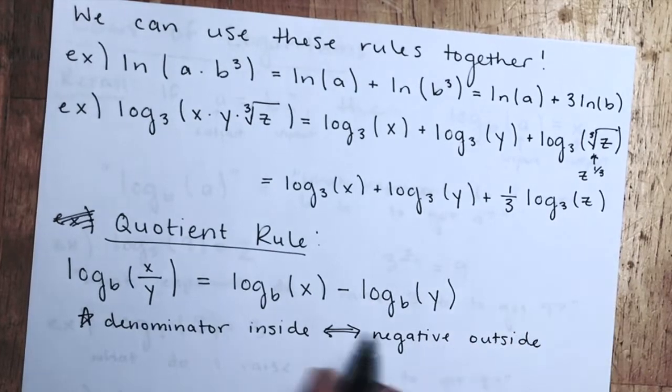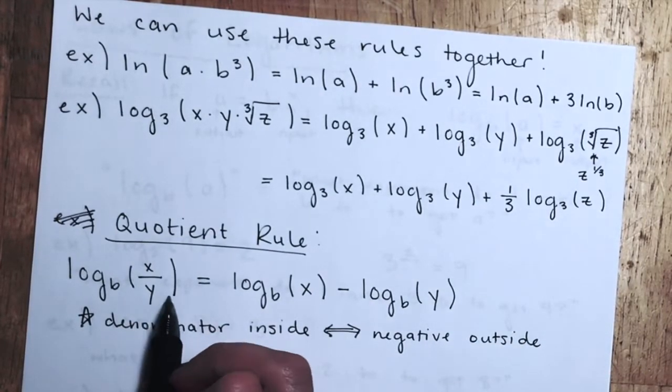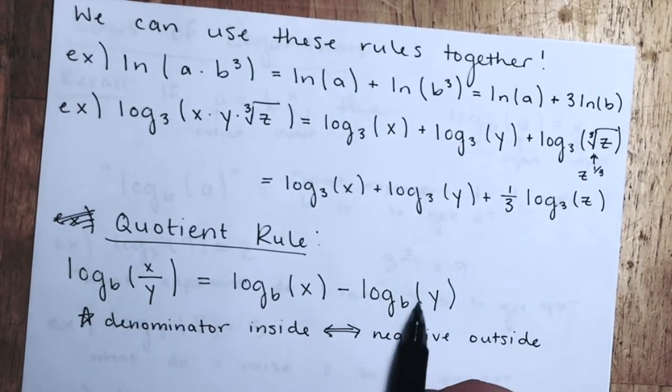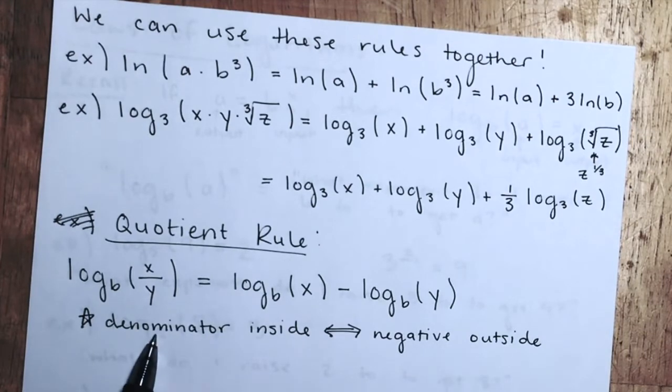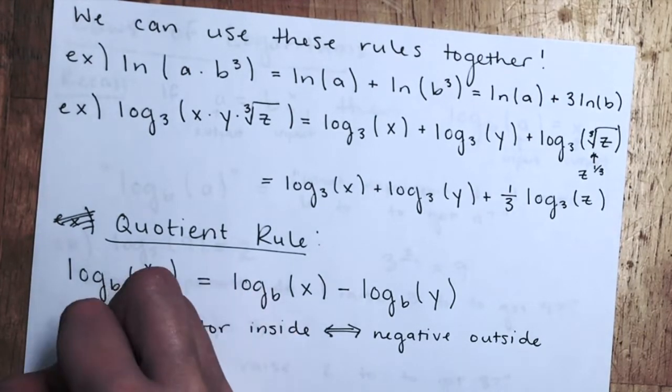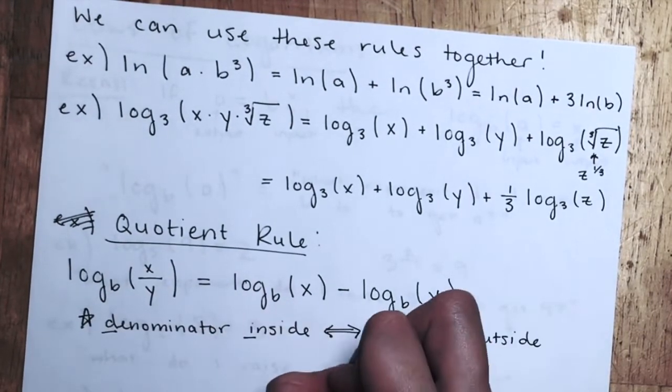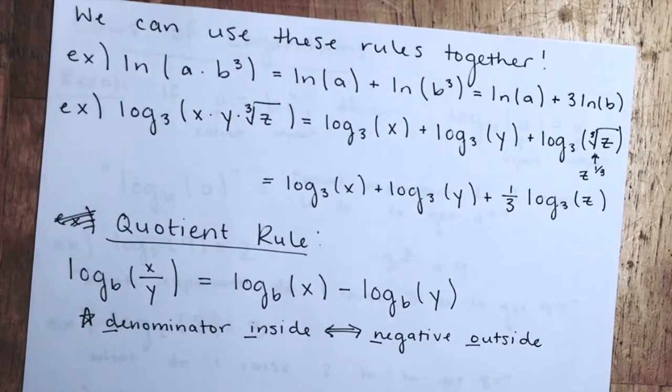So notice the y is in the denominator on the inside, and the y term is the one that's subtracted on the outside. And the super nice thing is that this spells DINO. D-I-N-O. I don't know, maybe that helps, maybe it doesn't. If it doesn't, forget it.